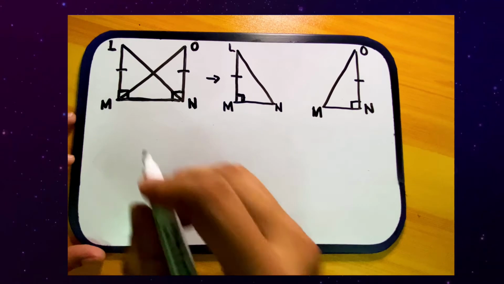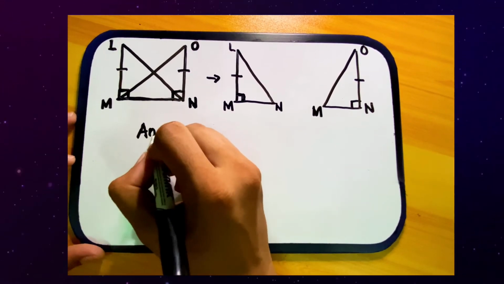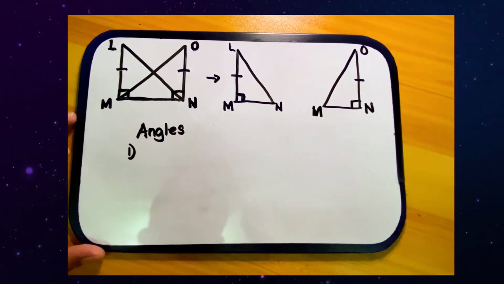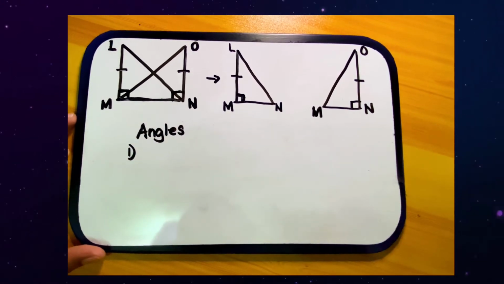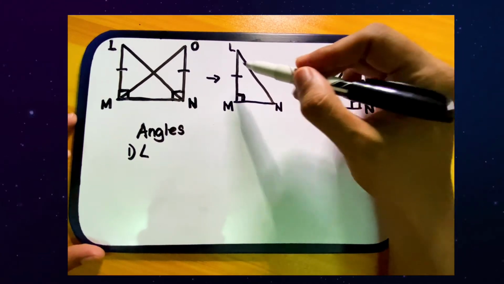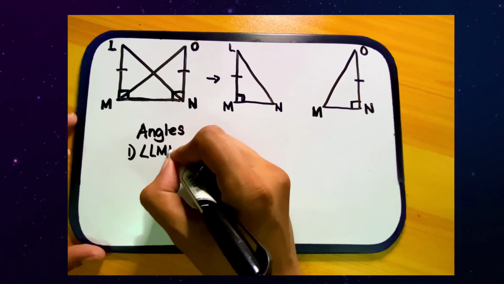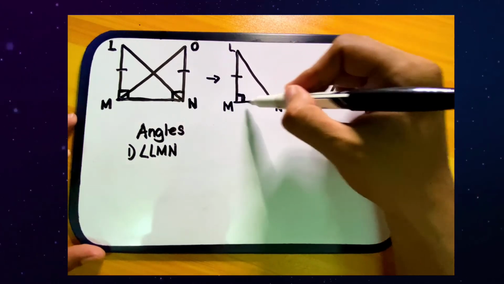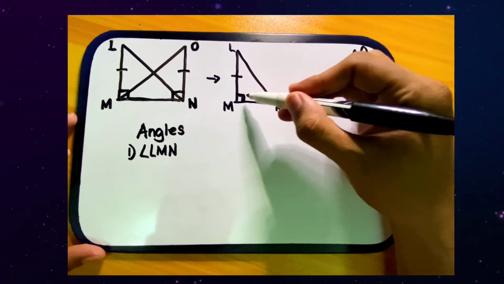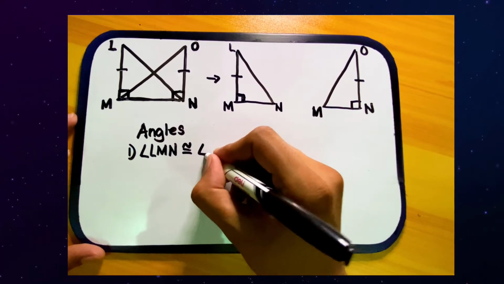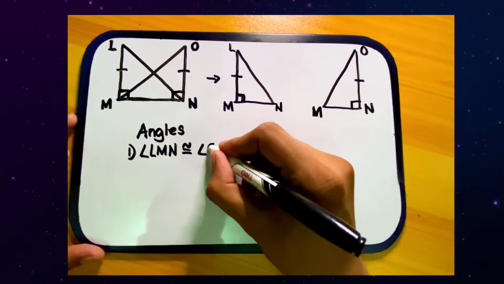Okay, so let's go first to the angles. So since they are combined, we will name the angles in 3 vertices or 3 letters. So angle LMN, so LMN has 90 degrees. So here it should be paired in angle ONM.